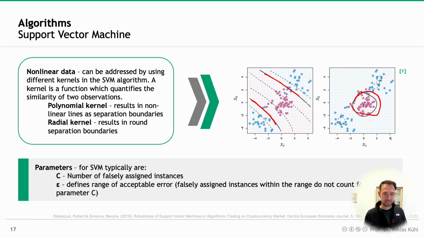And other parameters that are typical for SVMs are two. The C is the number of falsely assigned instances. So how many of those will you tolerate, because your model will make errors. For example, you can see a few over here in this polynomial example. And epsilon, which defines the range of acceptable error.